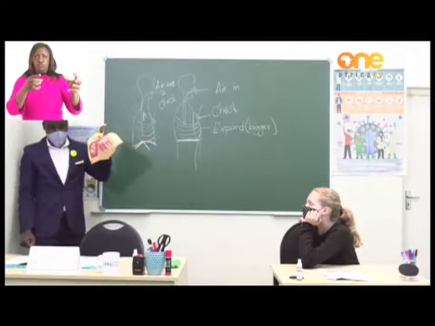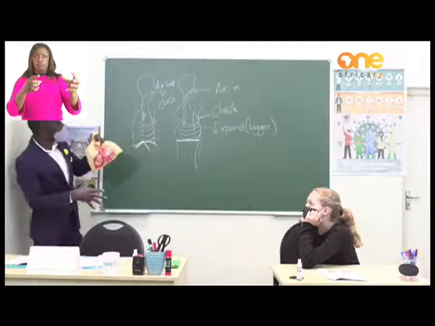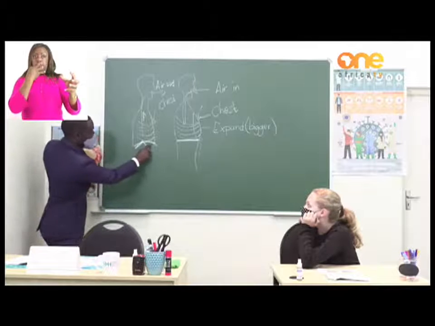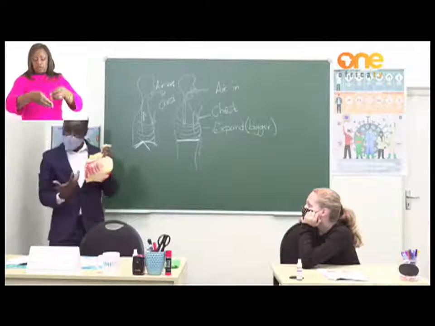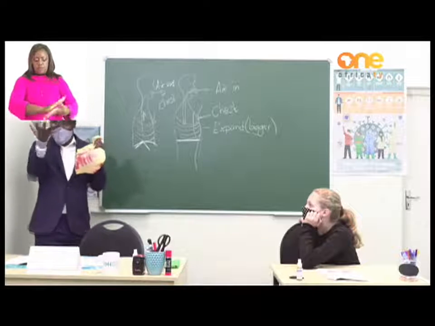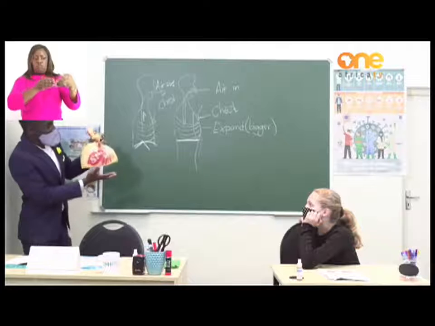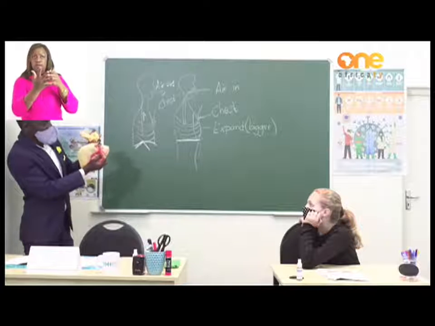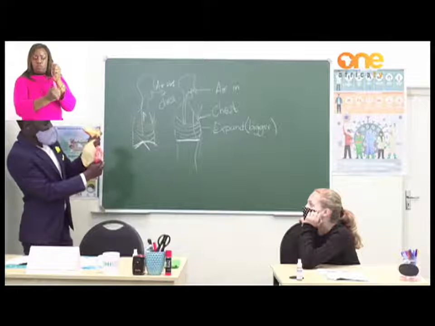That's breathing in. Breathing out, we say that the diaphragm is underneath your lungs and squeezes the air outside the lungs. My hand is going to act as a diaphragm. The diaphragm now forces the air outside the lungs.